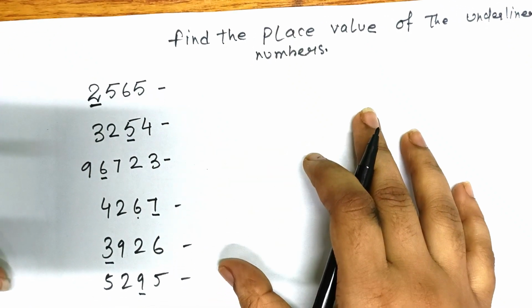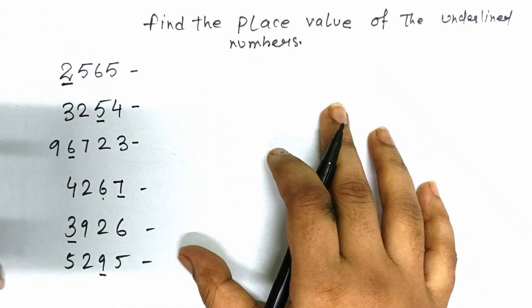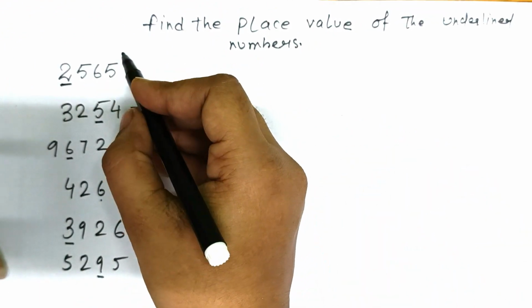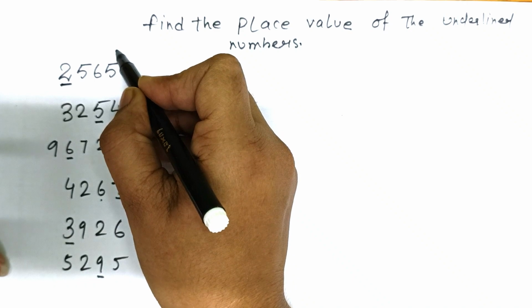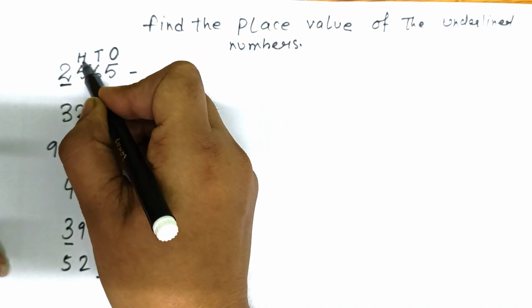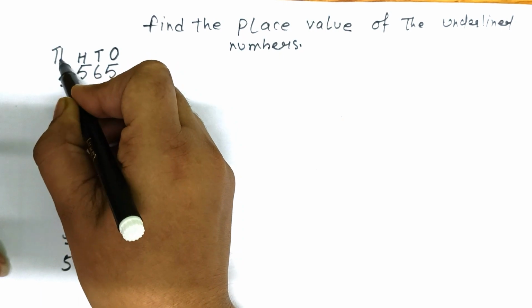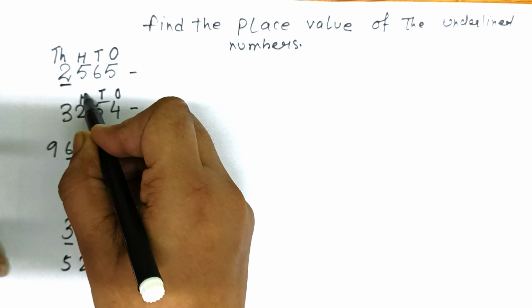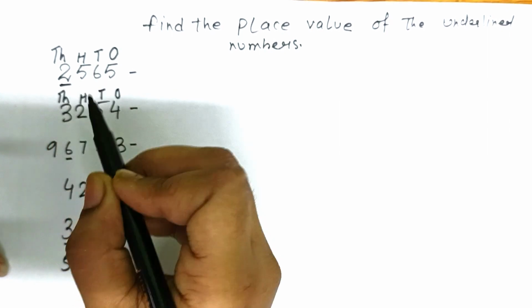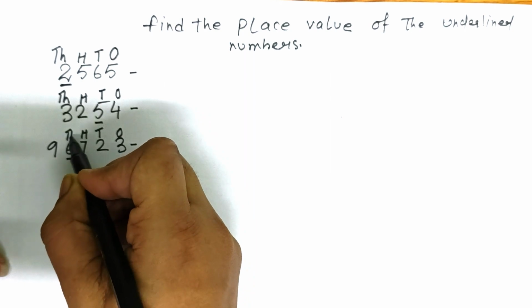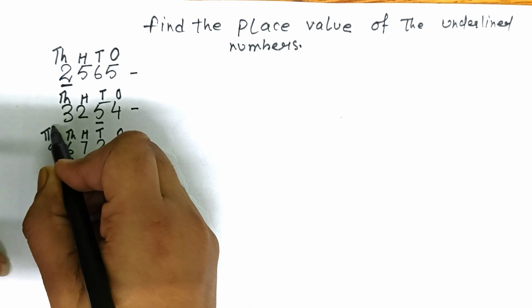To find out the place value of the underlined digit, first we have to write the place values. This is ones, this is tens, this is 100, and this is 1000, and then 10,000.